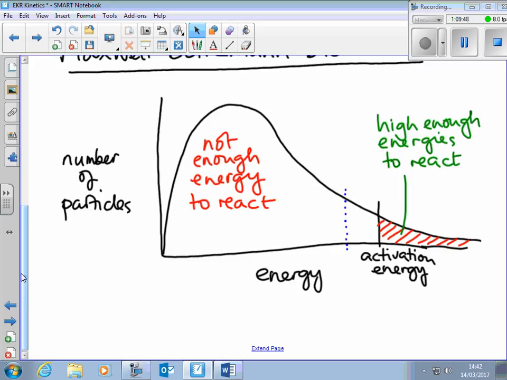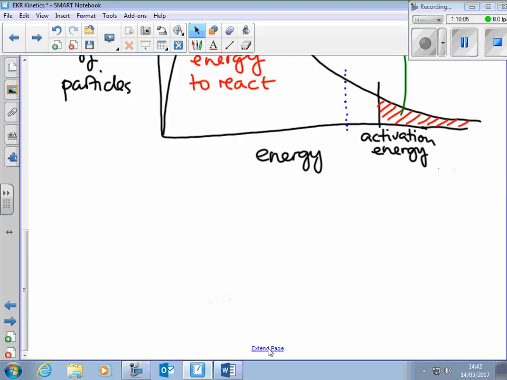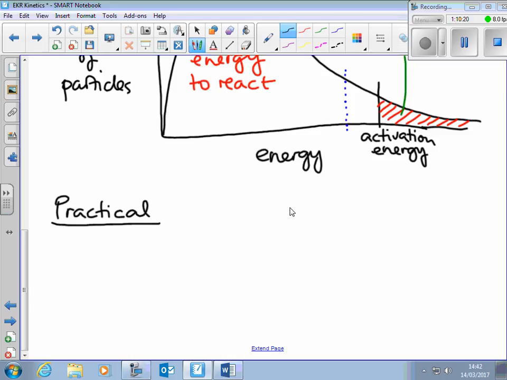Now, before we wind up for this afternoon, I'm just going to introduce the reaction that we're going to look at for tomorrow. This is one that's used very, very often in rate investigations. It's a baby version tomorrow of what you'll then do on a more self-controlled plan next week.